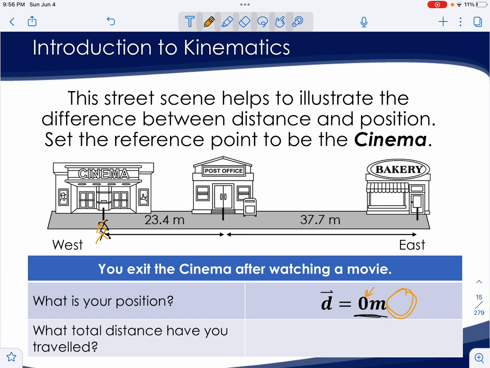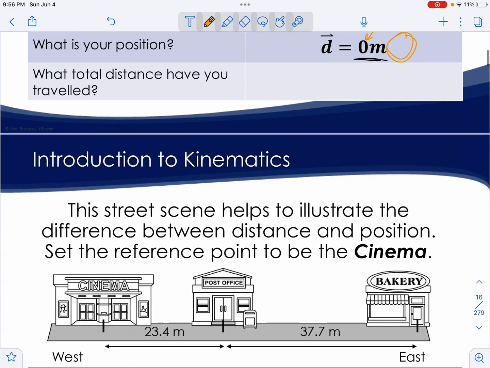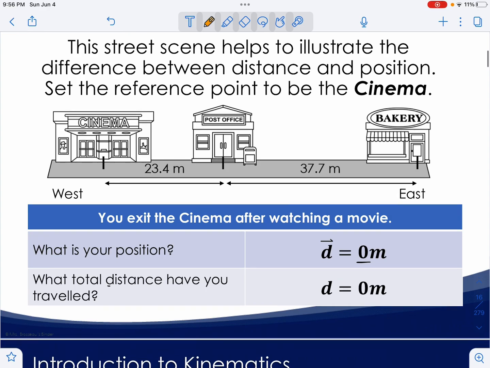What is the total distance you have traveled? Have you moved anywhere from the cinema? Nope. So the position, which is a vector, is 0 meters, and the distance is 0 meters. So this is an odd situation where both the vector quantity and the scalar quantity are identical.